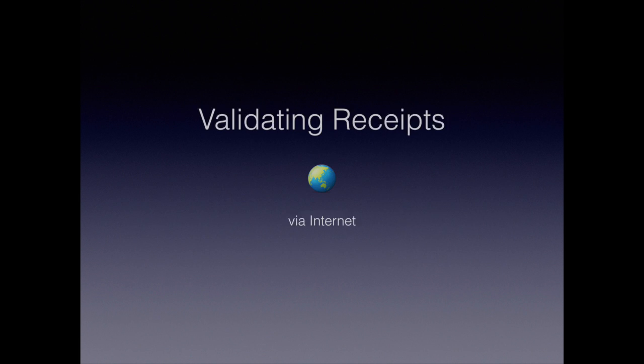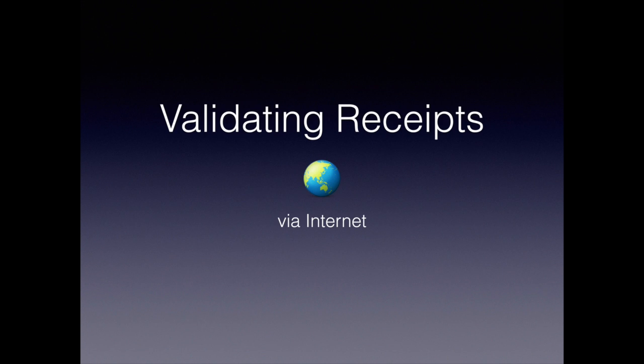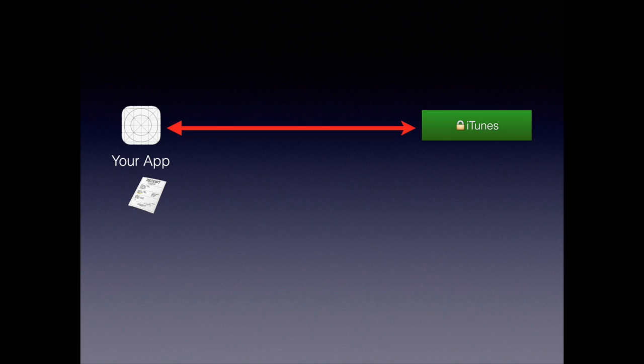So next question is, how do I validate? How do I know that these receipts are valid? How do I know that there's an active subscription? Well, the one method that I mentioned before that I didn't want to do because I'm a small-time developer is, of course, to use the internet. So if you have your app, and you have the receipt, and there's an iTunes server that allows a validation of these receipts, you might be tempted to directly talk to iTunes.